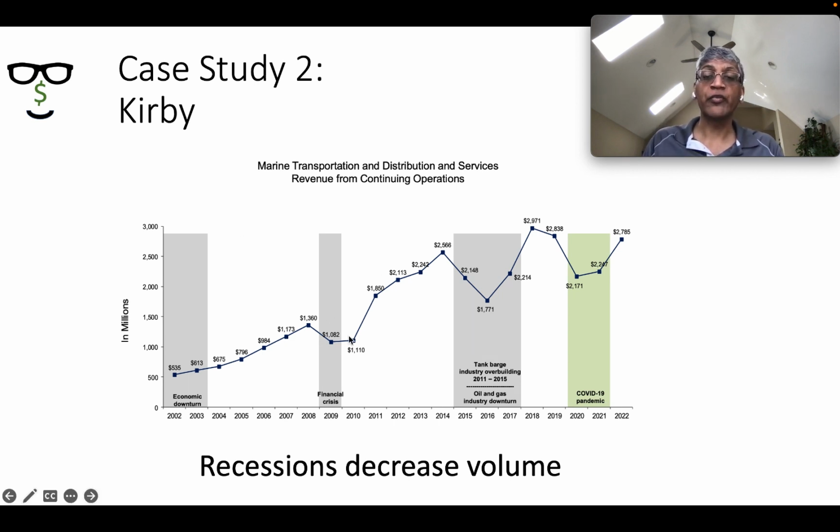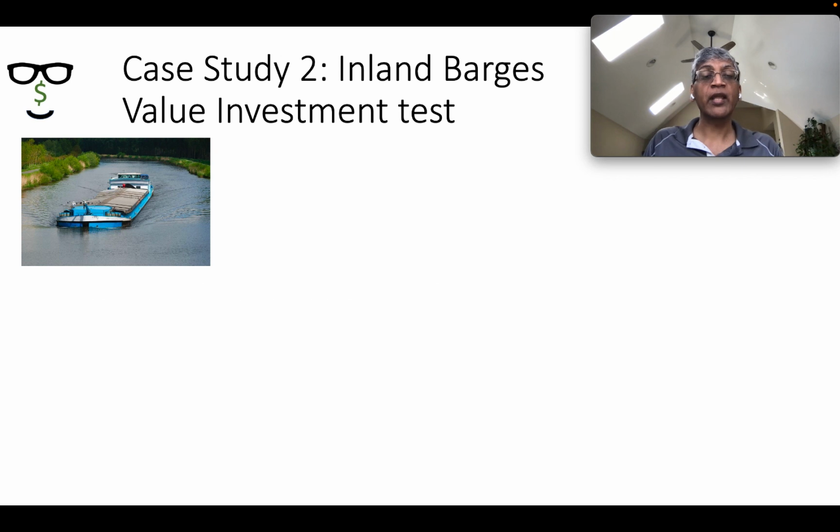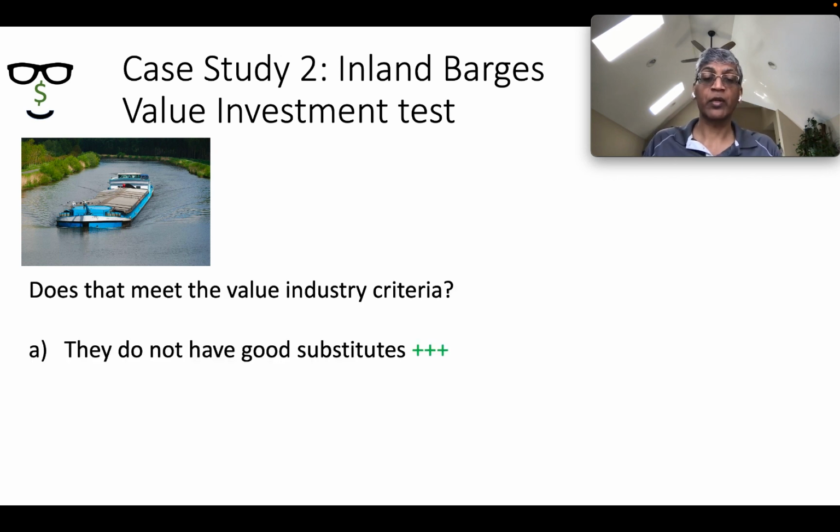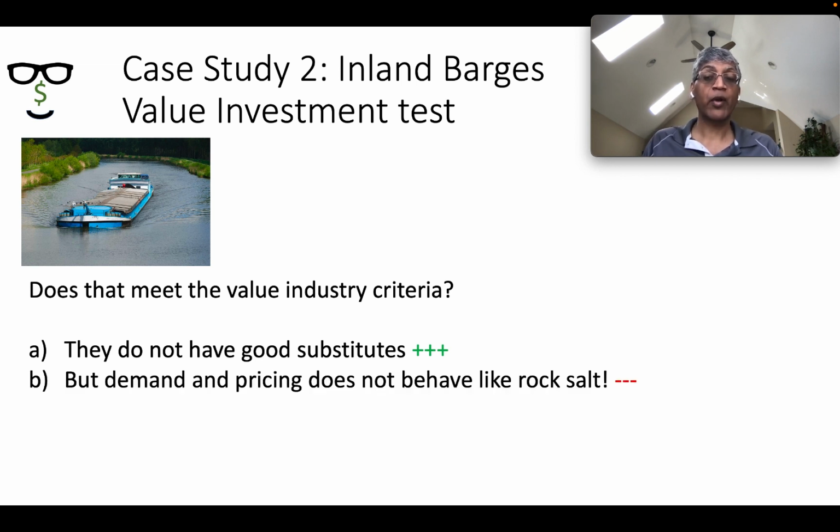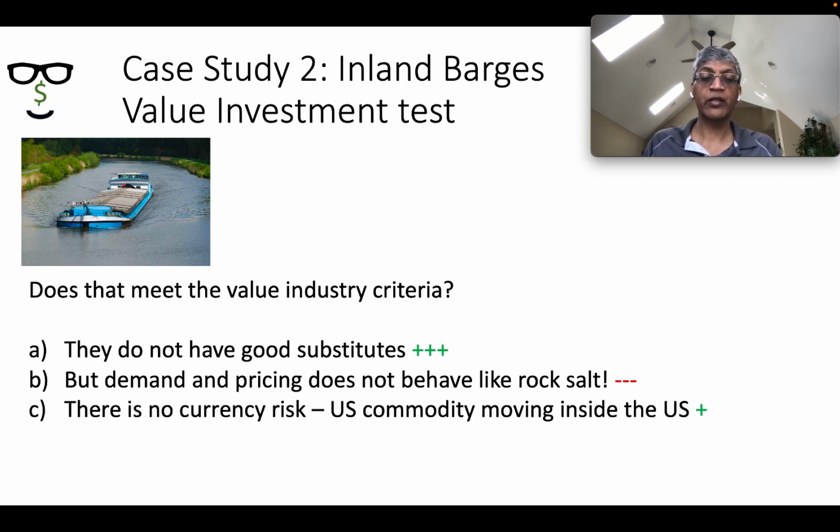However, it comes up extremely rapidly once we are out of a recession. And the point then is to apply the value investment criteria. There really are no good substitutes for inland barges. Demand and pricing does not look like rock salt, so they're not a value investment in that area.